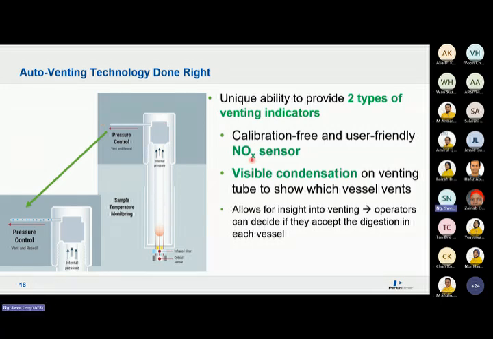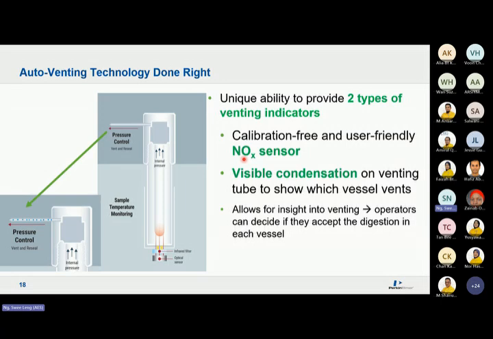We also have a NOx sensor at the end of the hose. When you digest a sample, you will surely have nitric acid. The sensor will tell you when you complete the digestion: I detect your acid gas or acid fume already. So the moment it detects, you need to observe. After completion, the software will show completed.